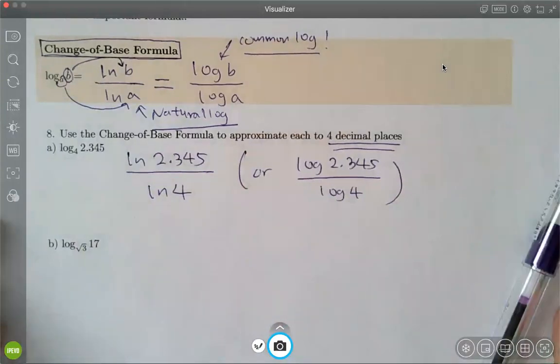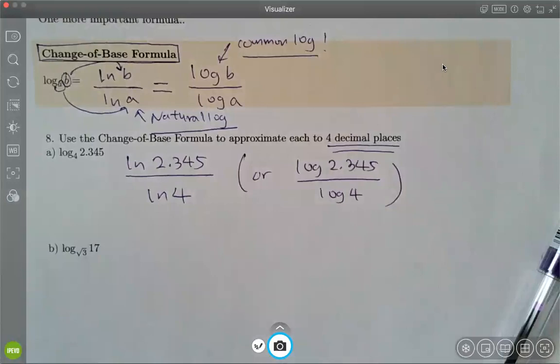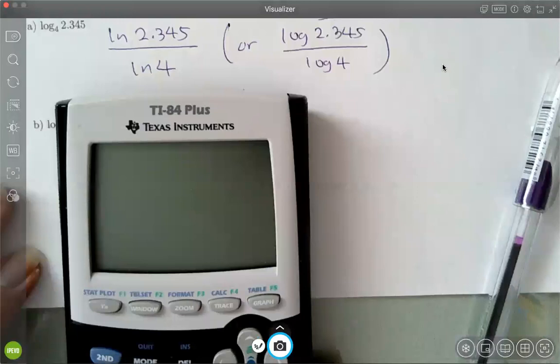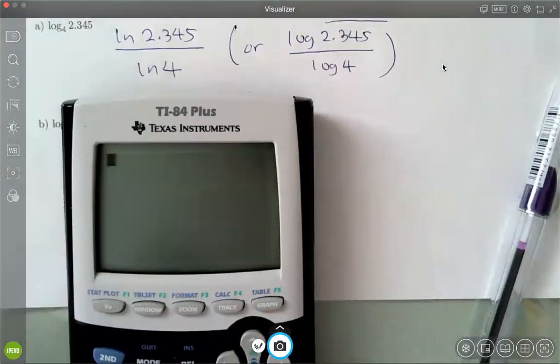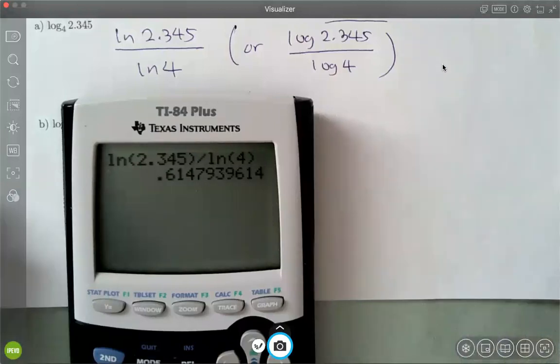So just type in ln 2.345, and then you divide it by ln 4. Okay, so you get this decimal. And just to verify, try to use the common log. So log 2.345 divided by log 4.